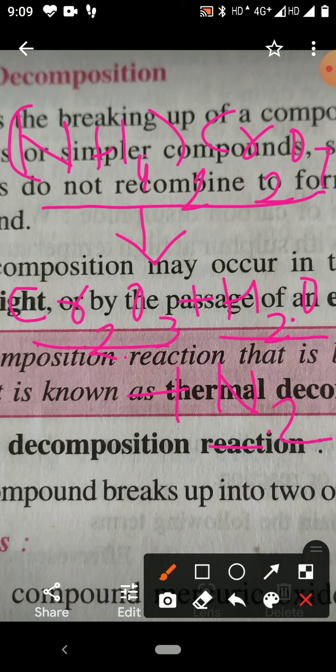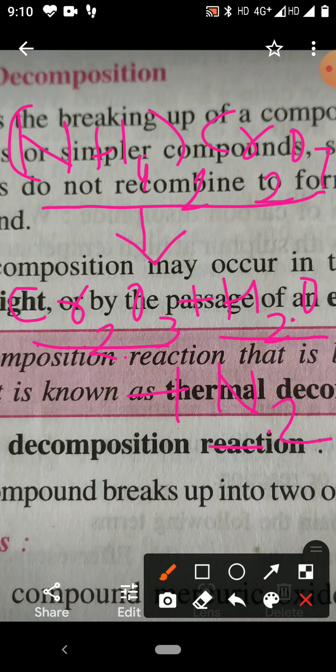Therefore, I told you in the decomposition reaction, a compound decomposes and gives two elements, or one compound and one element, or two or more than two compounds. So these are the decomposition reactions.